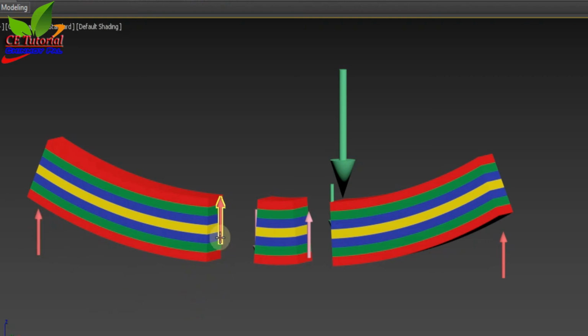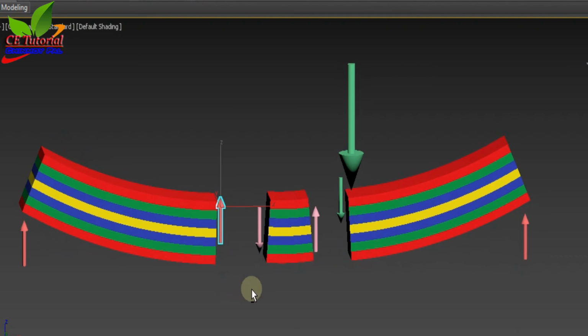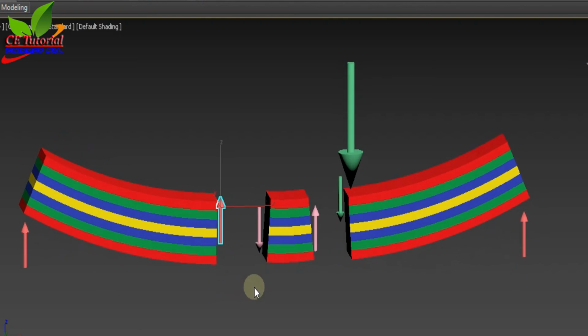To nullify this upward tangential force at the right side of the left part, there is a downward tangential force at the left side of the middle part. So those two will make a positive shear force.